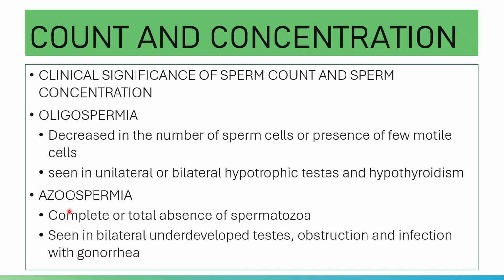Azoospermia is a complete absence of spermatozoa, and is seen in bilateral underdeveloped testes, obstruction and infection with gonorrhea. Oligospermia is seen in unilateral or bilateral hypotrophic testes and hypothyroidism.